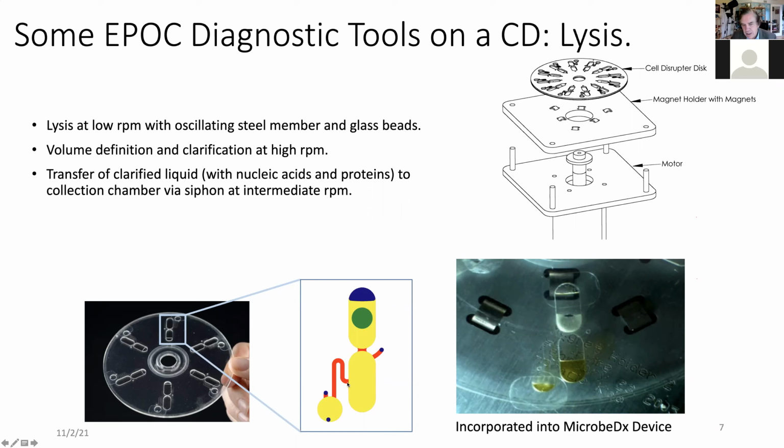Volume definition, everything that is above this line will be able to be sucked in by capillary forces all the way over the crest of the siphon. So transfer of clarified liquid with nucleic acids and proteins to the collection chamber via siphon at intermediate RPM.